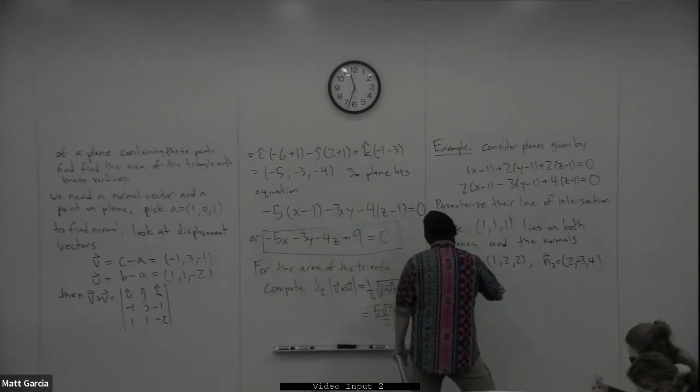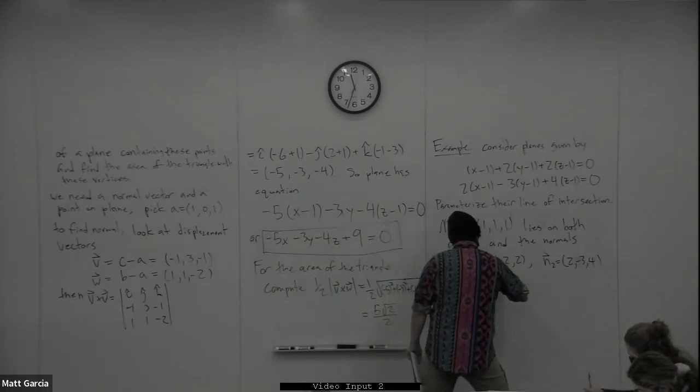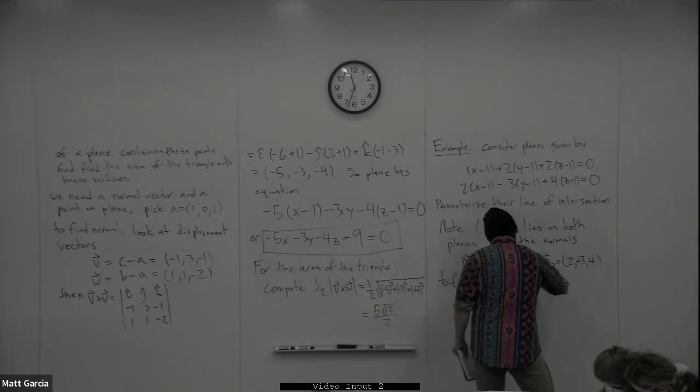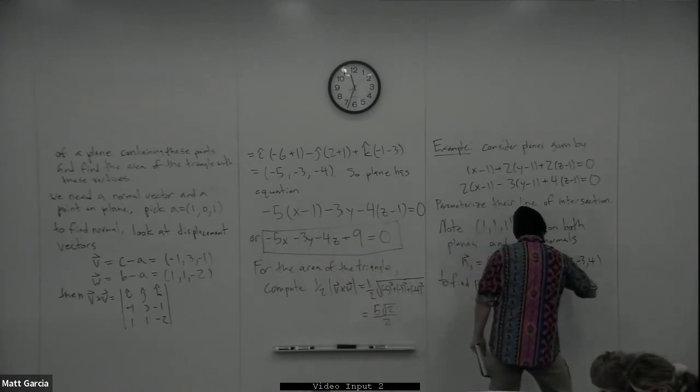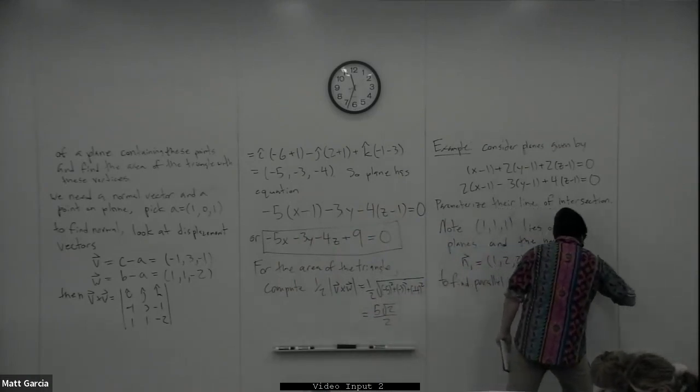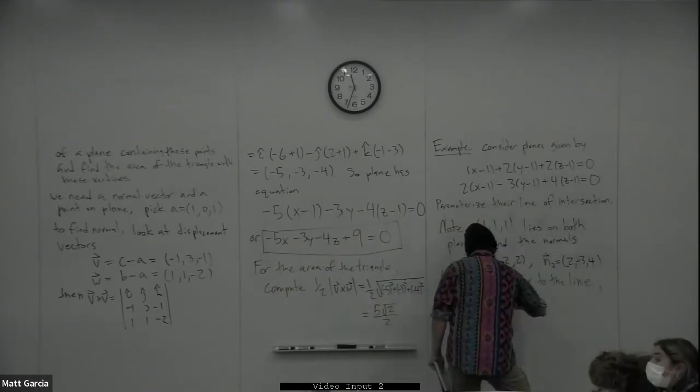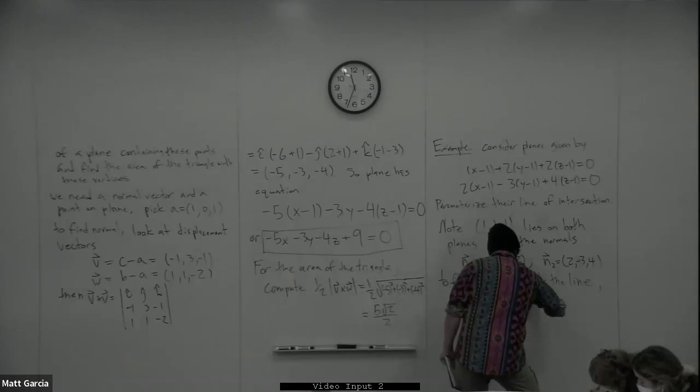Okay. To find a parallel vector to the line, compute N1 cross N2.